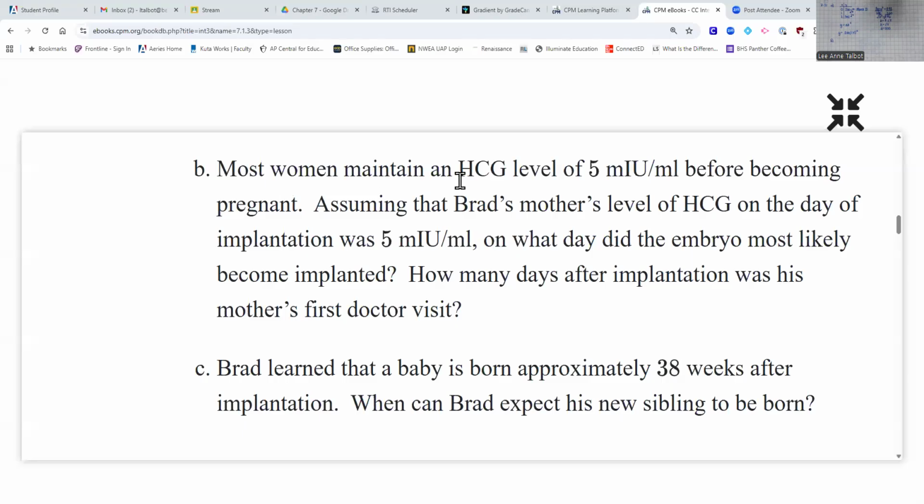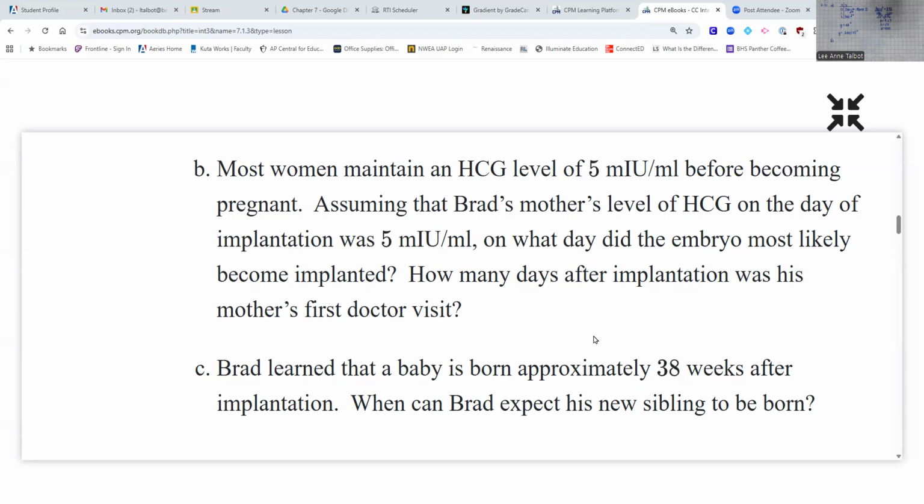Most women maintain an HCG level of 5 milli-international units per milliliter before becoming pregnant. Assuming that Brad's mother's level of HCG on the day of implantation was 5 milli-international units per milliliter, on what day did the embryo most likely become implanted? How many days after implantation was his mother's first doctor visit?